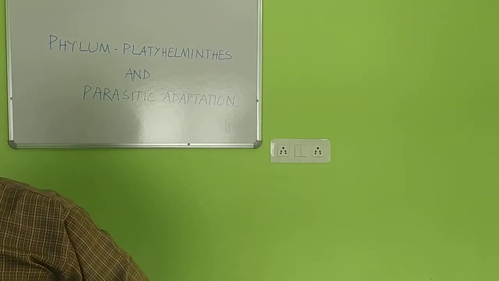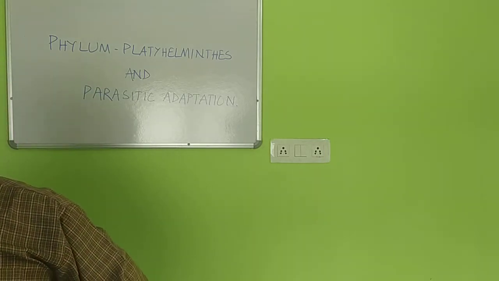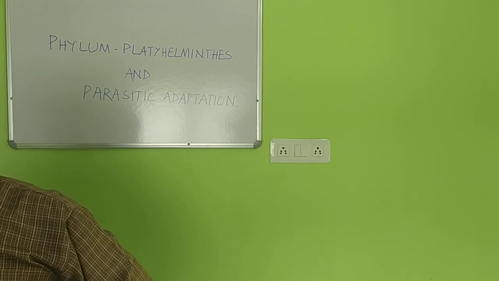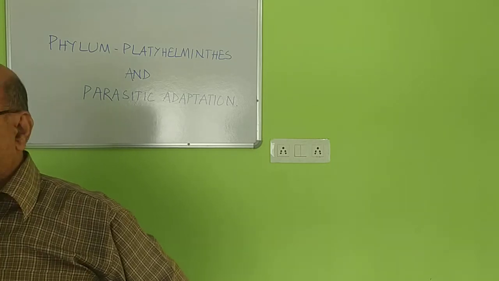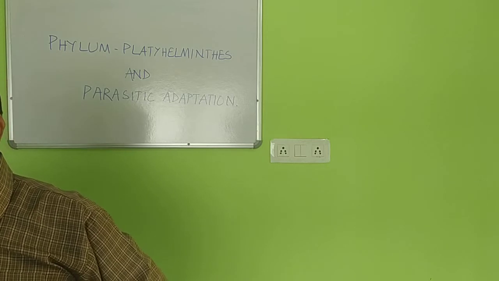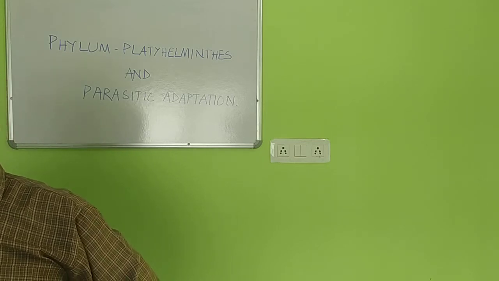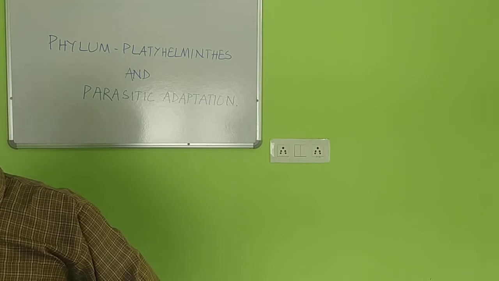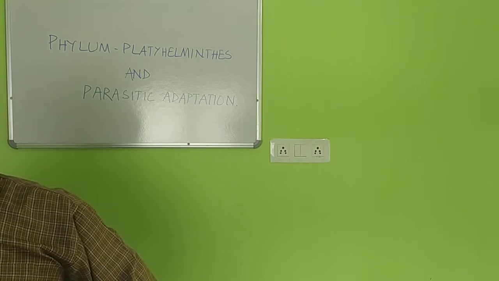Excretory organs include protonephridia. The nervous system is ladder-like, consisting of ganglia and nerves. Sense organs are in the form of papillae and amphids.